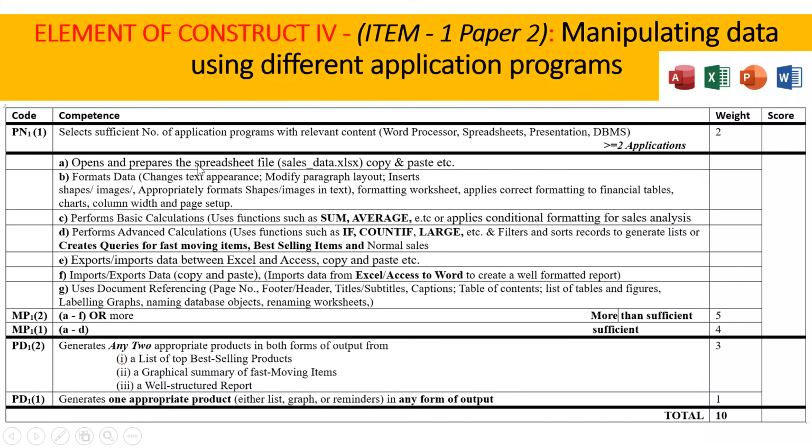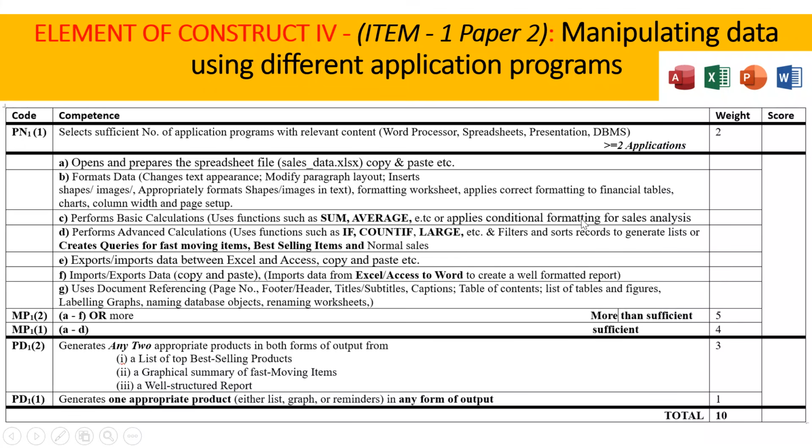A candidate opens and prepares a spreadsheet, which can involve copy and paste. A candidate formats data. We have seen that we have changed the text appearance, we modified paragraphs, we have inserted shapes, we inserted images, we have formatted the shapes, we have formatted the worksheet, and all that. We have performed basic calculations such as sum, average.